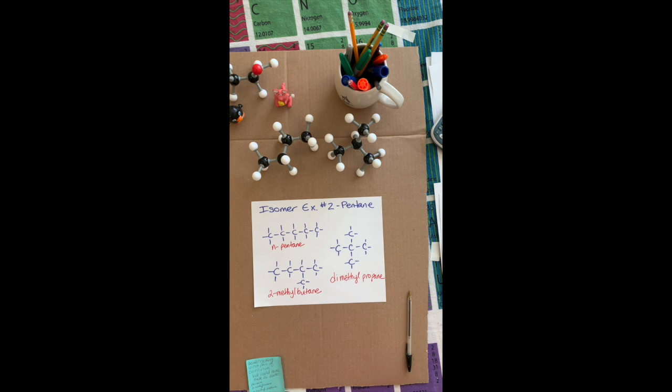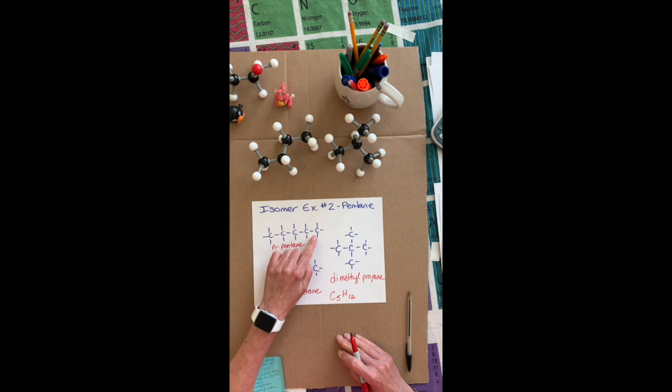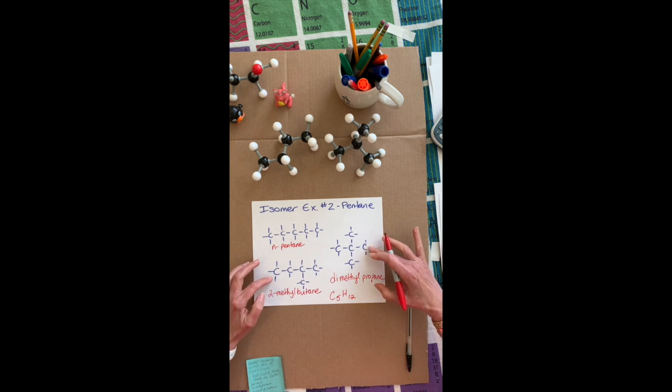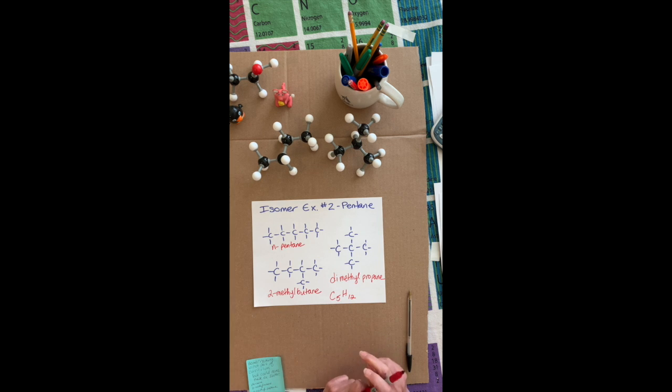And all of these have the same molecular formula, which is C5H12. I had to count that up for you, right? C5H12, all of them contain that same molecular formula.